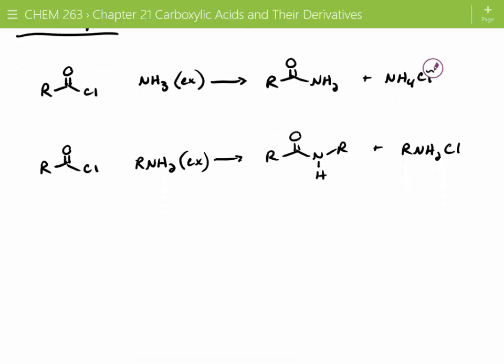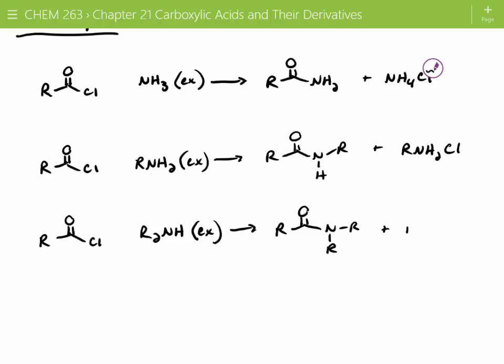And if you want to make your fully substituted amine, you're just going to use a secondary amine. Oops, this one should be an NH3 up here. And there we go. So we can interconvert between acid chlorides to a bunch of different amides.